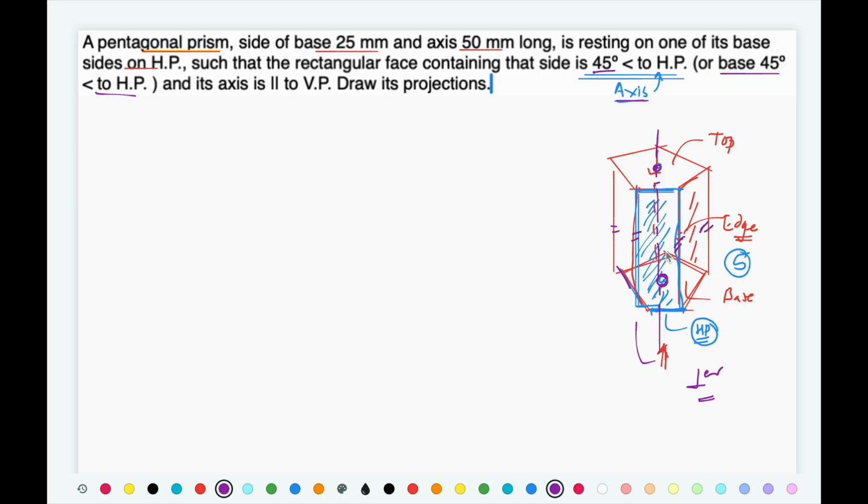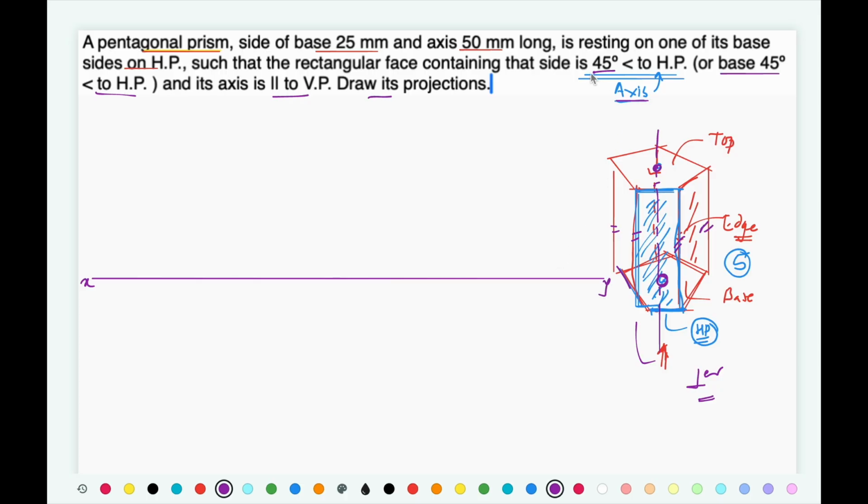So if one of the lines you are going to make 45 degree inclined to HP, the other line is also going to be 45 degree inclined to HP, and axis is parallel to VP. So when you provide that inclination with HP, the axis is going to remain parallel to the vertical plane. So let's draw the solution of this example.